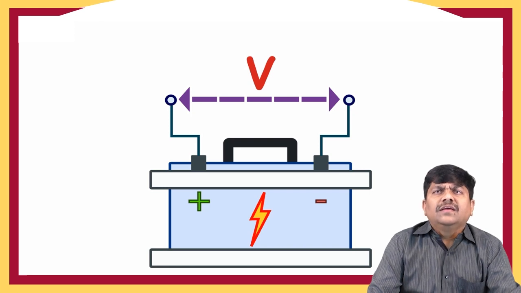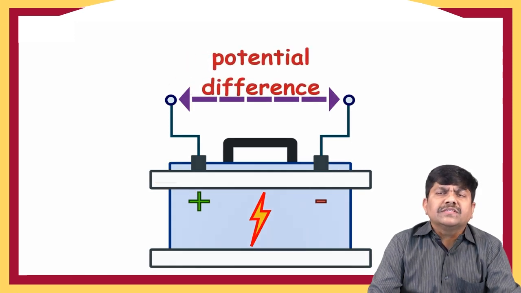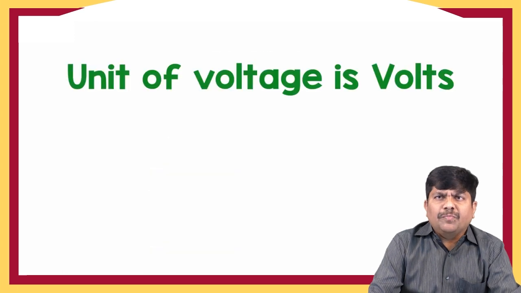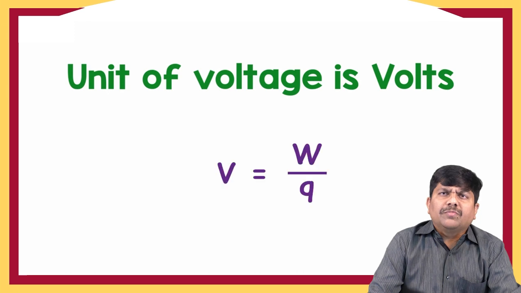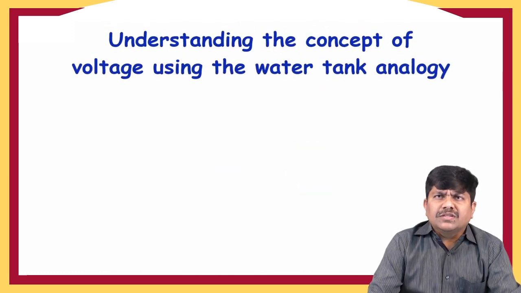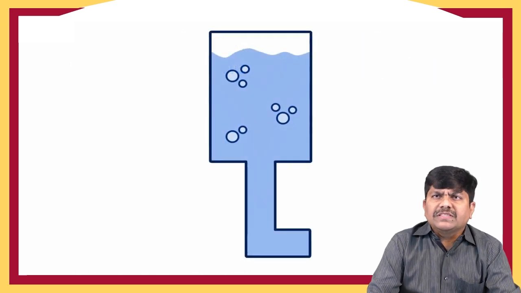The main reason is that the two terminals of the battery have different charge concentrations. Because of this potential difference, there will be a voltage between the two terminals, and the unit of voltage is electrical energy per unit charge. So this is the understanding of the concept of voltage using the water tank analogy, which we also discussed in the previous slide.